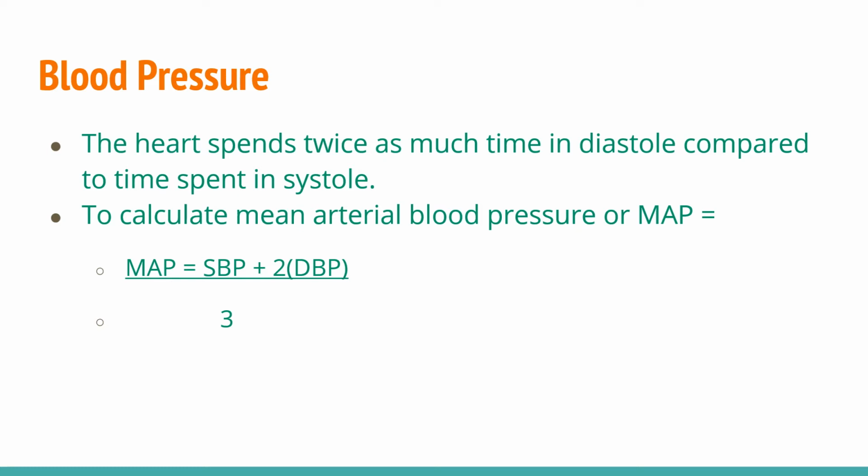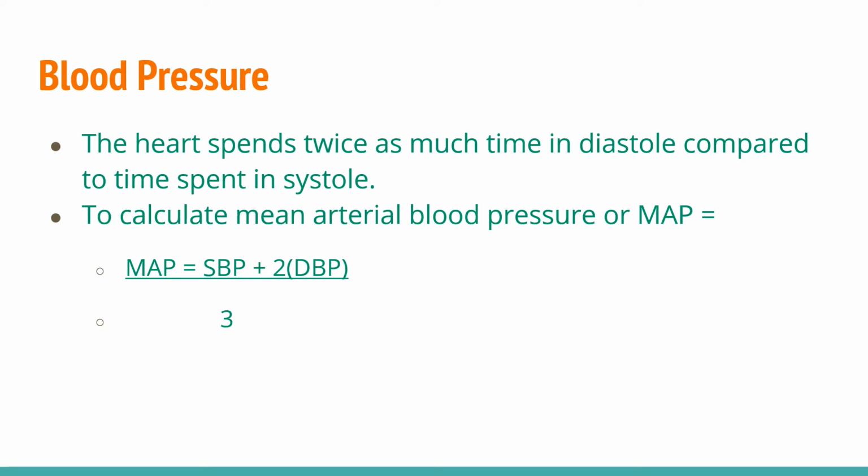Okay, so on the monitor it'll show a systolic blood pressure and then diastolic pressure, and it'll also refer to a MAP, or mean arterial pressure. So let's say you had a blood pressure of 120 over 80. Okay, so 120 being your systolic, plus 2 times your diastolic.